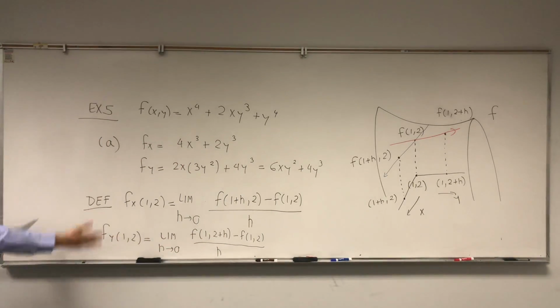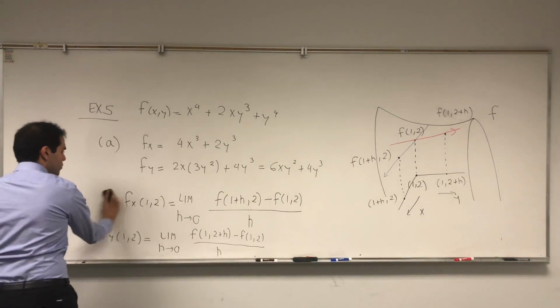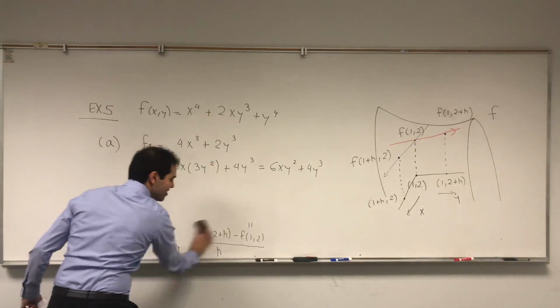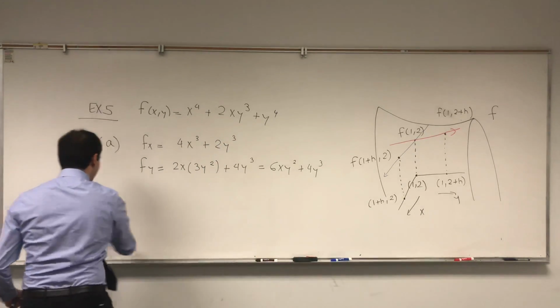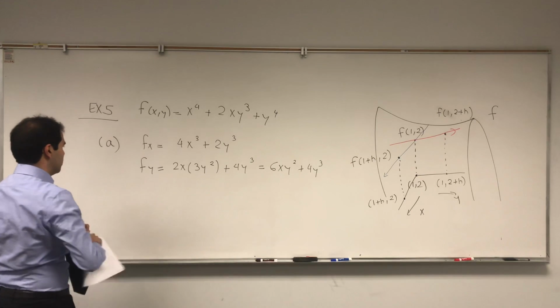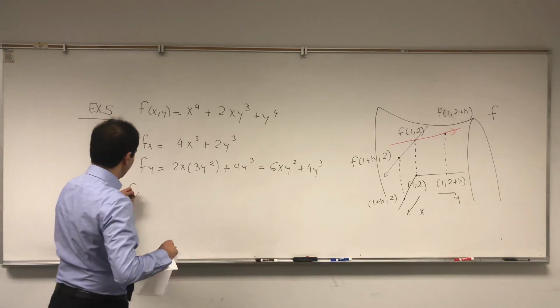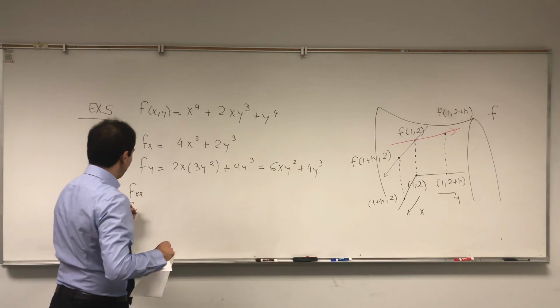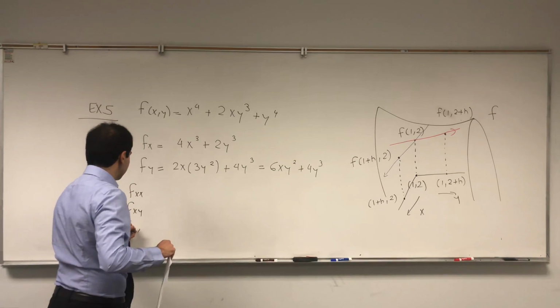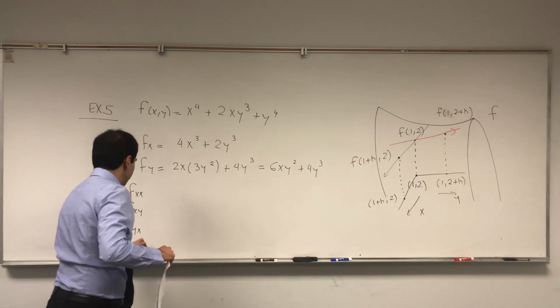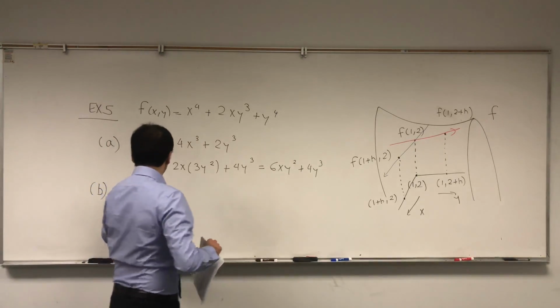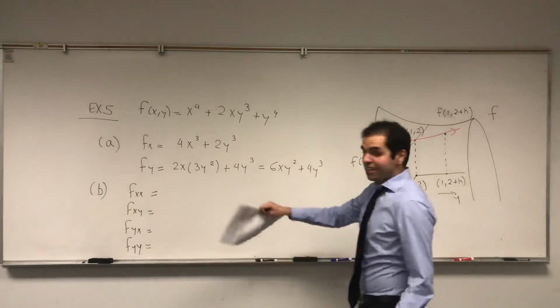And of course, those are the first order partial derivatives, but now you can just continue. How about we calculate the following ones? So let's do f_xx, f_xy, f_yx, and f_yy. What does that mean?